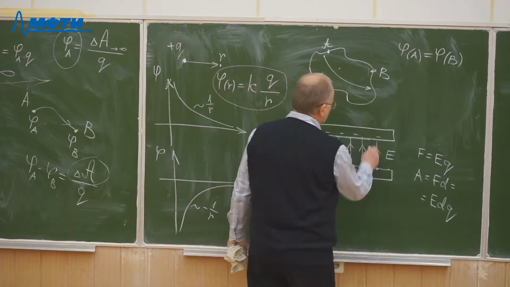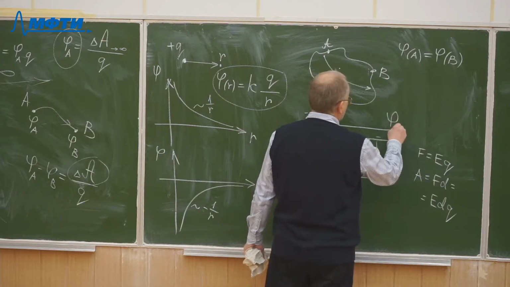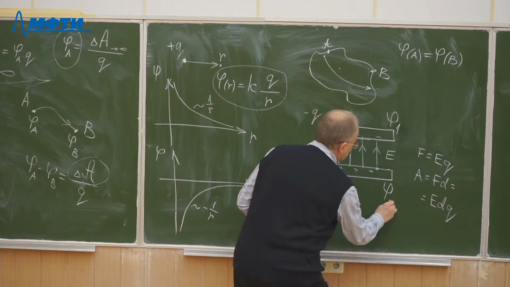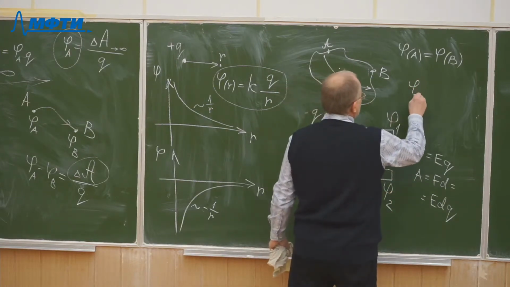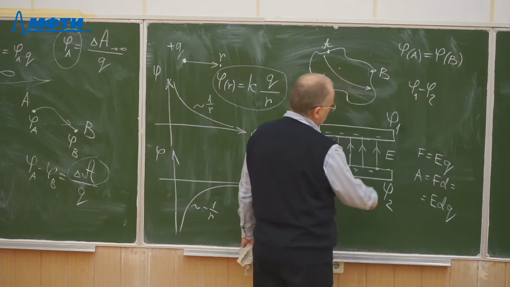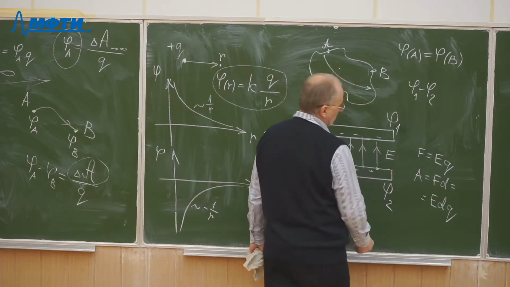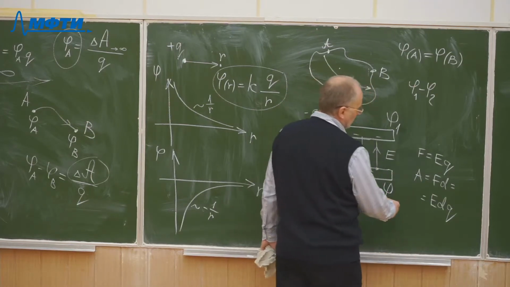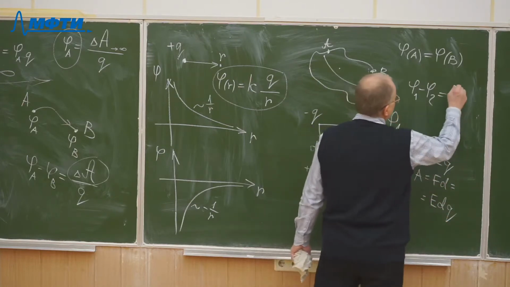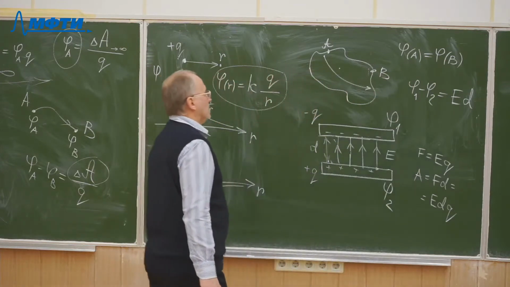And for this reason, the potential difference between 2 plates, the potential of the first plate, and the potential on the second plate, and we consider the potential difference between the two plates, will be equal to, by definition, the work divided by charge, and that will be E d, the potential difference between the two plates.